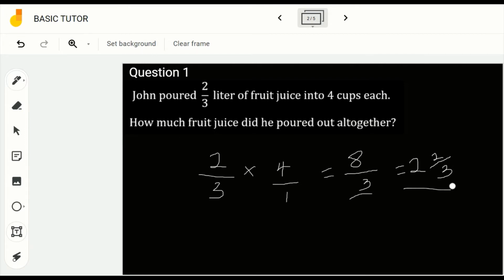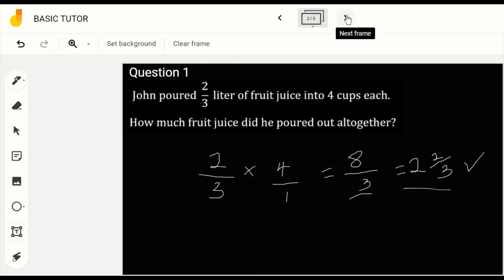So this is our final answer. So 2 whole number 2/3 is the same as 8/3, because 3 times 2 is 6, 6 plus 2 is 8. So we have 2 whole number 2/3 liters of fruit juice that was poured out into the cups.